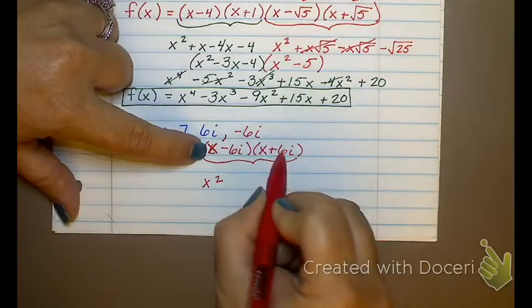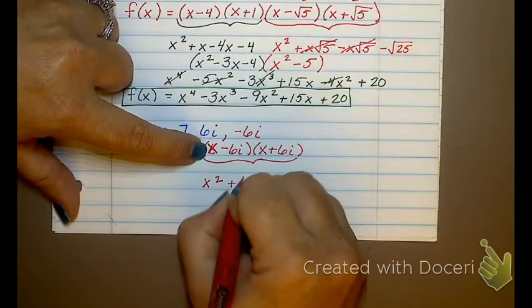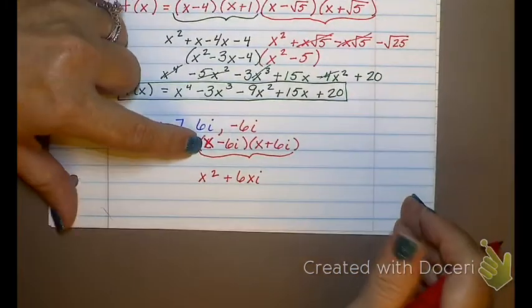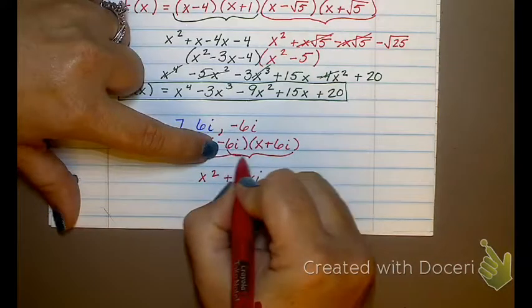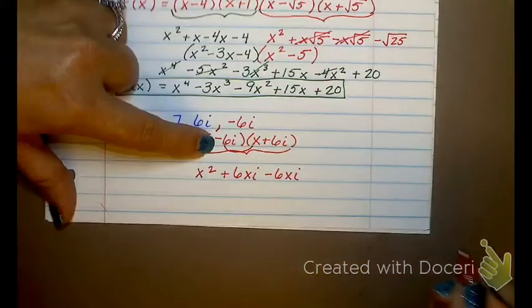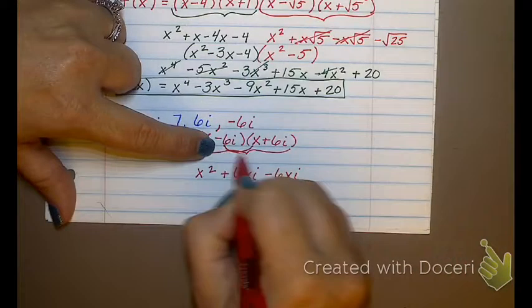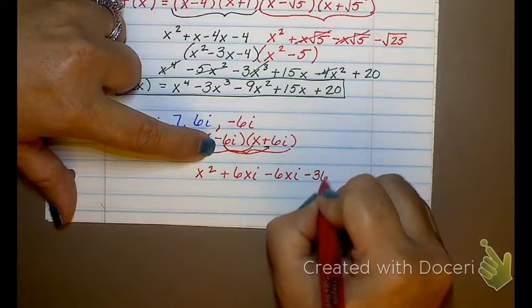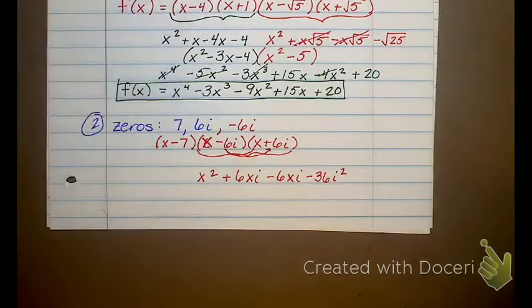X times 6i, 6xi or 6ix, doesn't really matter what order you write those in. Negative 6i times x would be negative 6xi or ix. And negative 6i times positive 6i would be negative 36i squared.